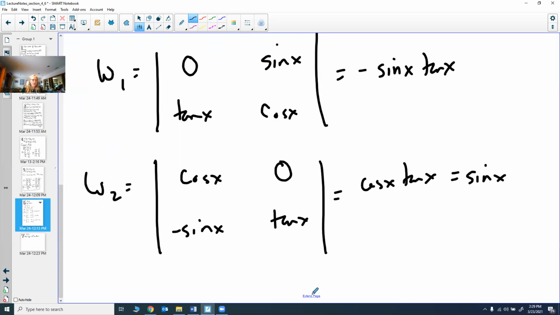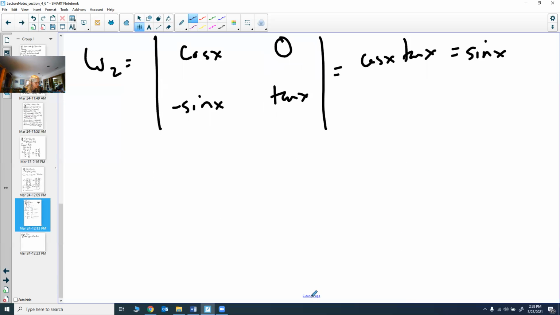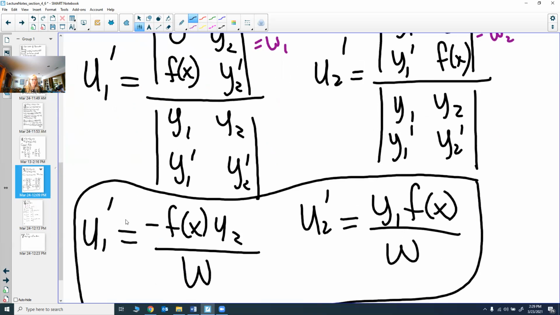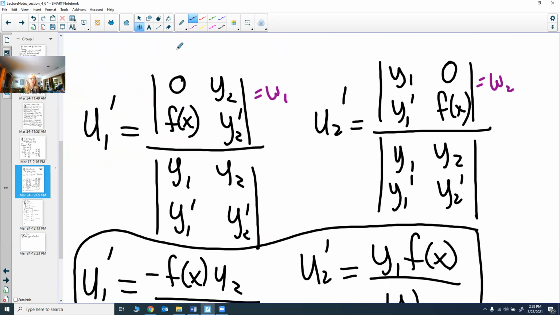So now we can go ahead and find out what u1 prime and u2 prime are. So remember, going back to Cramer's rule, we're trying to find u1 prime and u2 prime. So u1 prime is w1 divided by the Wronskian, and u2 prime is w2 divided by the Wronskian.